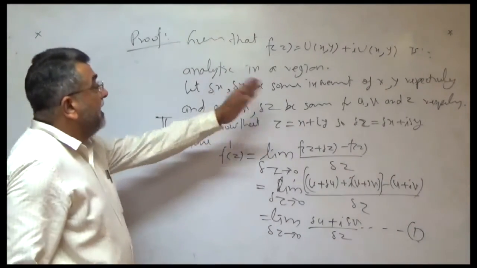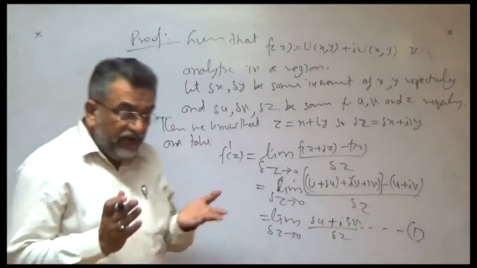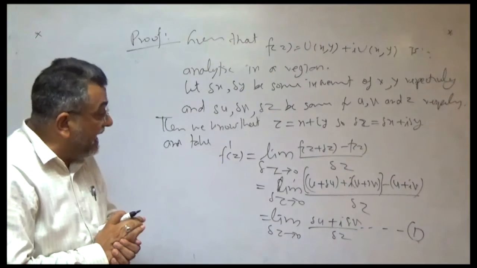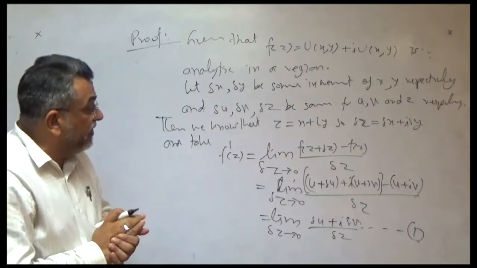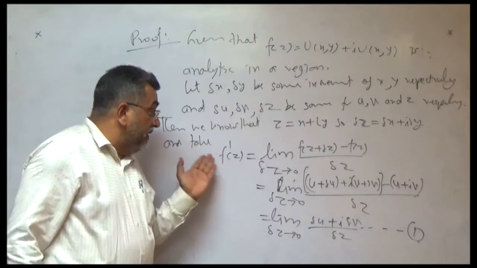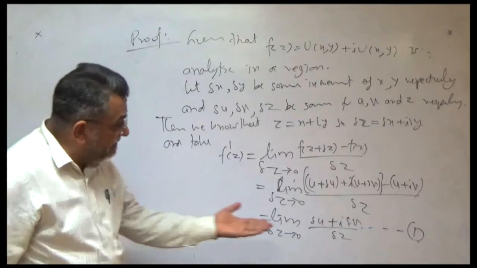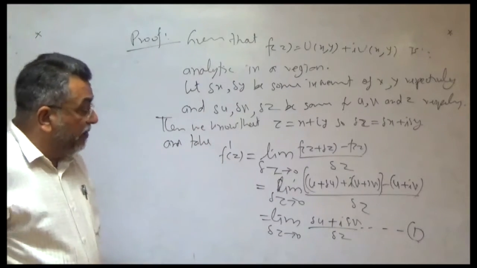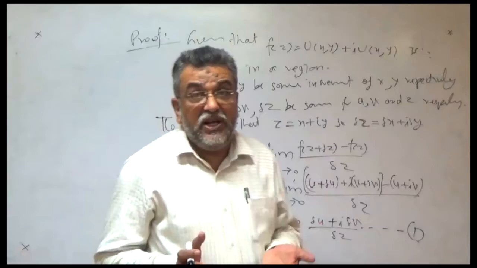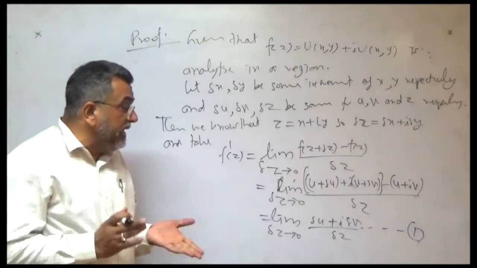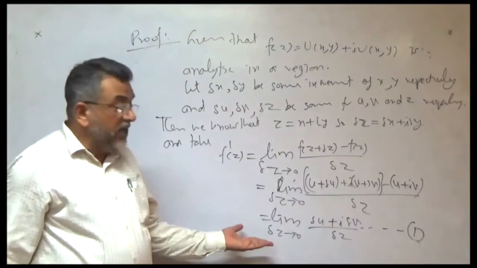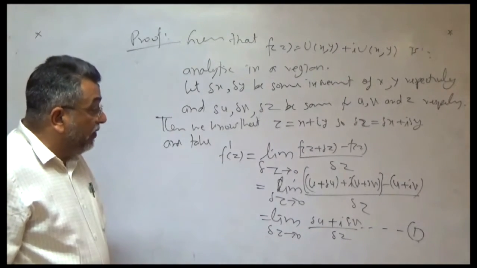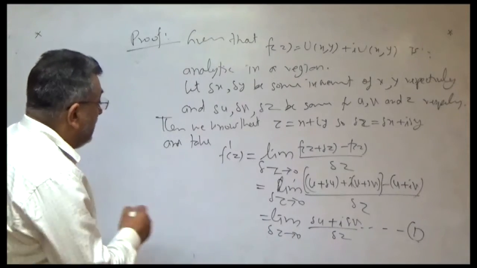If the function is analytic, then by the definition of analyticity, I told you the function is differentiable in the entire region. And if the function is differentiable, then the value of f dash z exists, means the value on the right hand side of equation 1 exists. And here again the function is of two variables, so existence means the value of the limit is independent of the path taken for finding the limit.